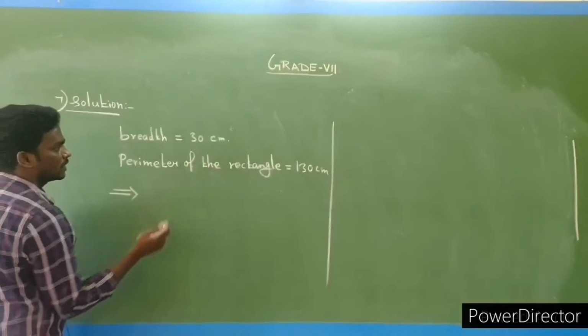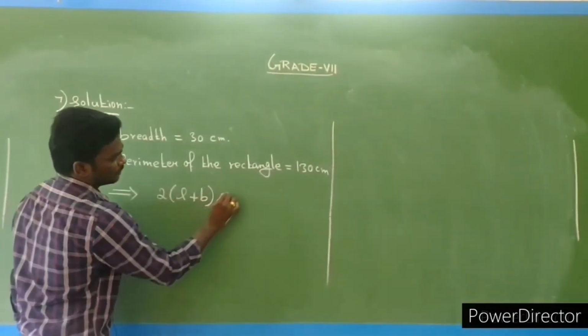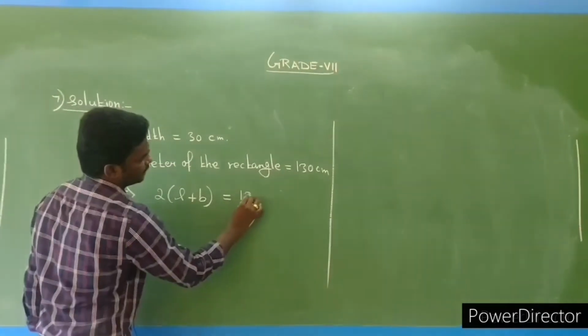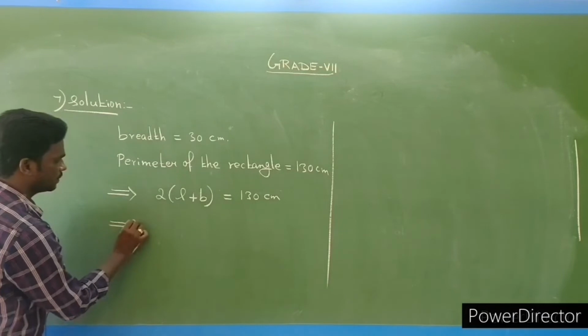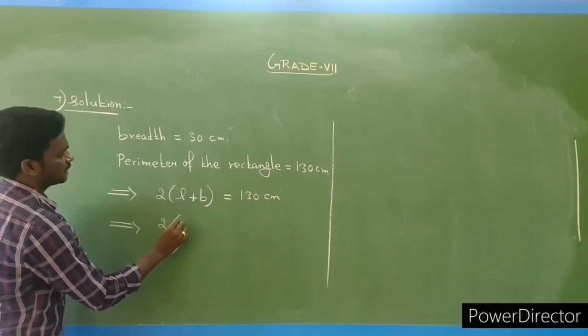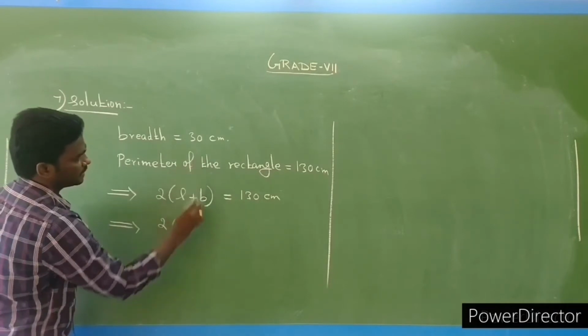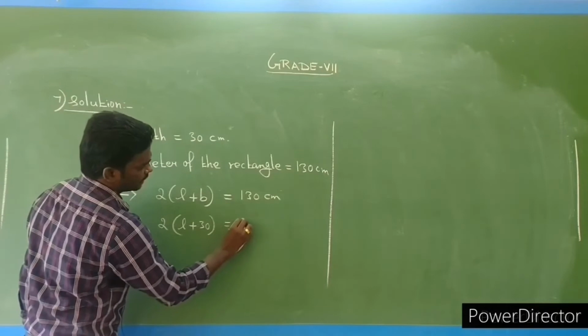But what is the formula for perimeter of the rectangle? 2 into L plus B, which is equal to 130 centimeter. So this is given from our question. Implies that 2 into the length of the rectangle we need to find plus breadth is 30 centimeter. 2 into L plus 30 is equal to 130 centimeter.